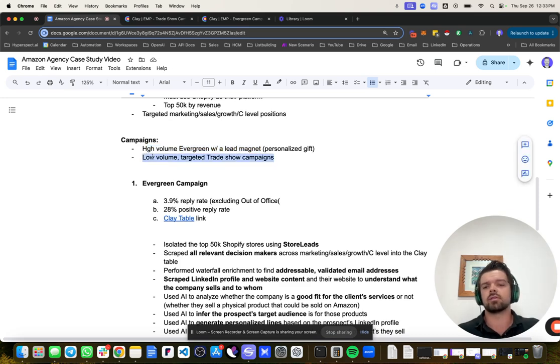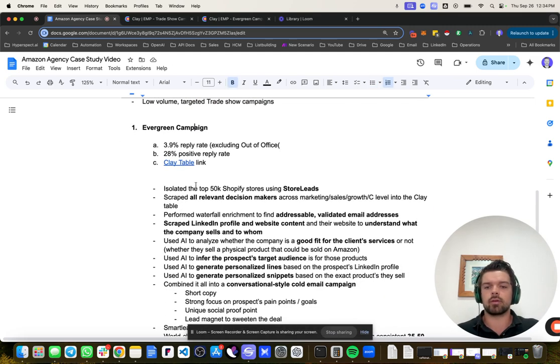And then we did a series of low volume, very targeted trade show campaigns on a case-by-case basis. So we were able to scrape the attendee lists from these trade shows, find the companies that were attending them, isolate the decision makers, and then roll through our process of finding emails, enriching the data, and enrolling them into campaigns. So this was a bucket of smaller campaigns, but the conversion rate was astronomically high. So let's get into it.